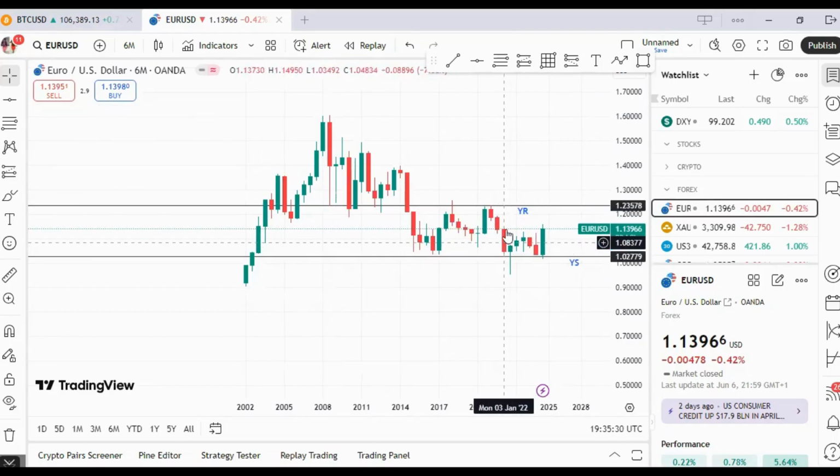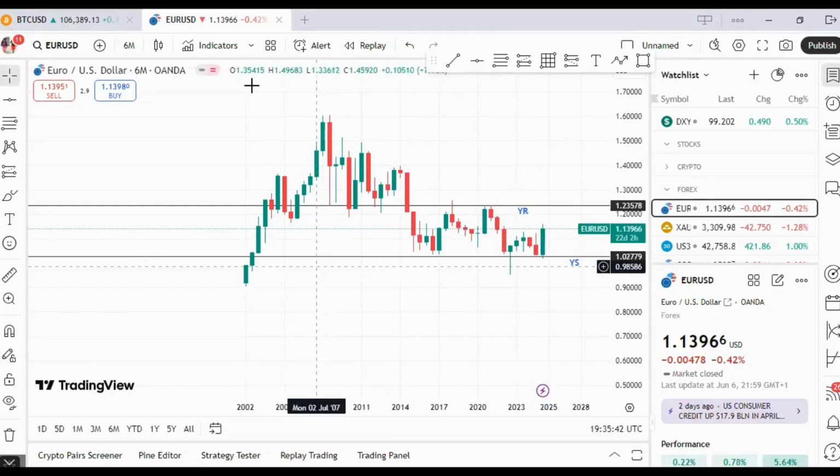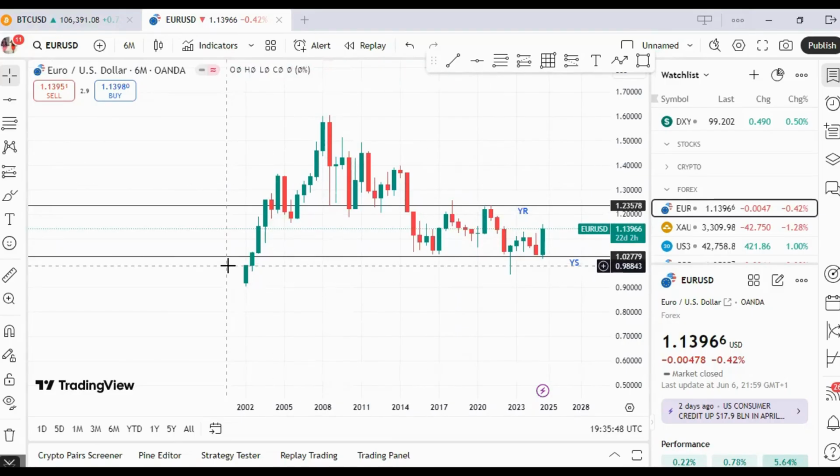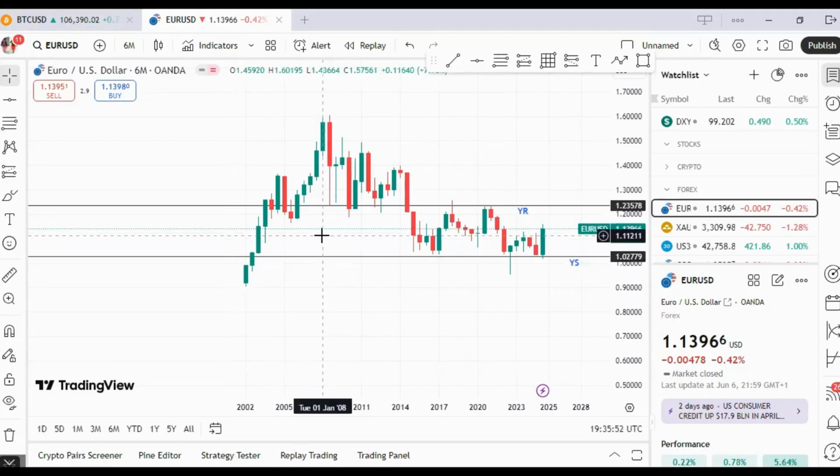Now, for those of you that joined my candlestick class, I've been doing classes. Those of you that joined the candlestick class, what pattern can you see formed here on the 6 months? There is a pattern that formed here on the 6 months. I'm going to the chart box right now. Look at the 6 months closely.